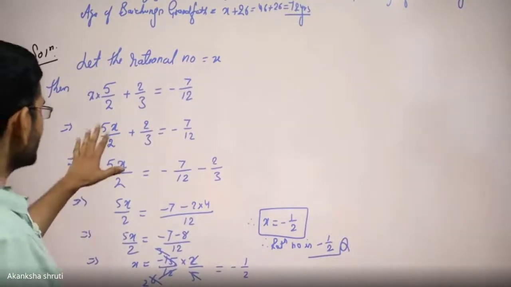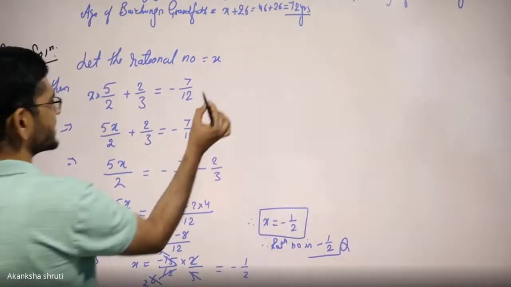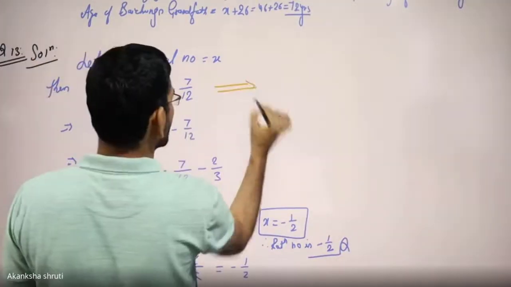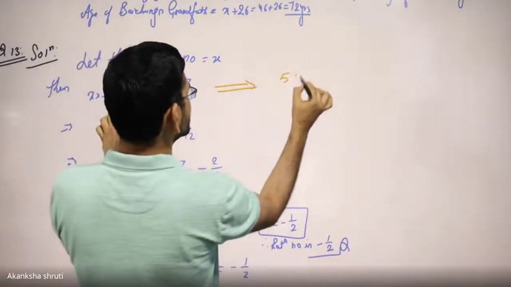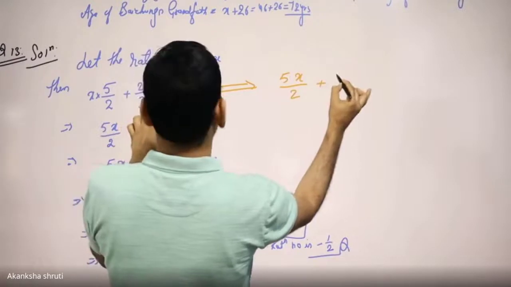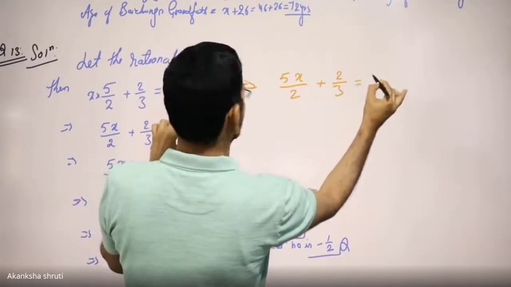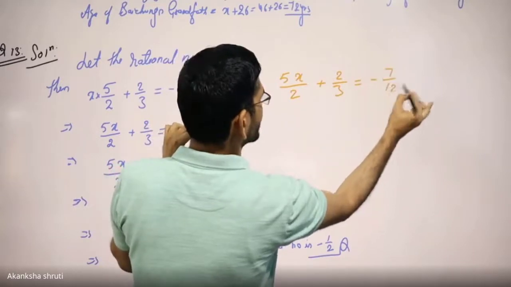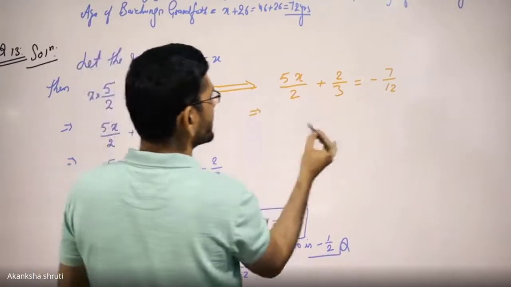Students, by taking the LCM we have solved this. There is a quicker way of solving this. Once we have framed this equation, 5X by 2 plus 2 by 3 is equal to minus 7 by 12, multiply both sides by the LCM of all the denominators, which is 12.